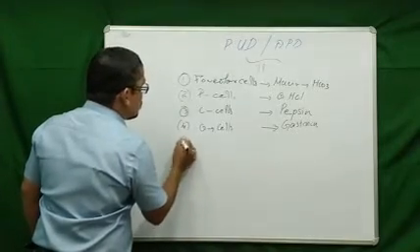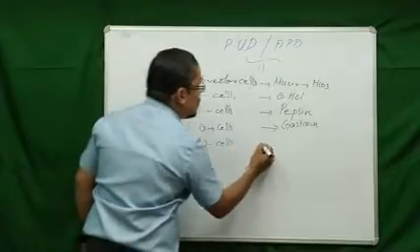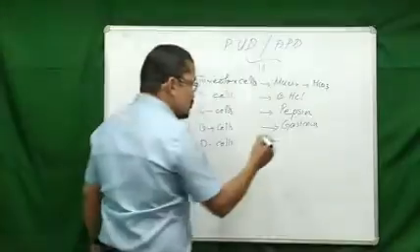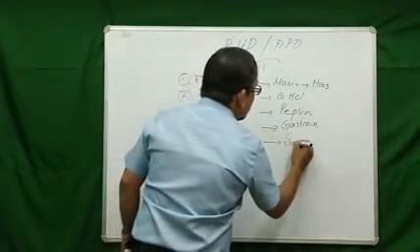Then D cells or delta cells, which are responsible for synthesis of somatostatin.